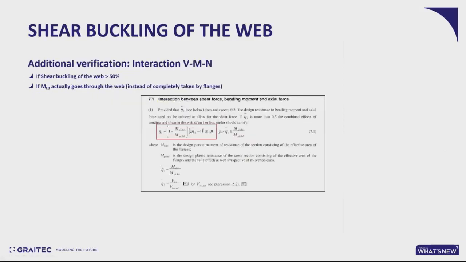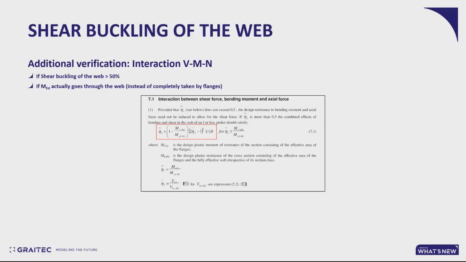There is also an additional verification where you check the interaction between the shear force, the bending moment, and the potential axial force in the web. But this check is only meant if the previous verification, the shear buckling of the web, got you more than a 50% utilization.